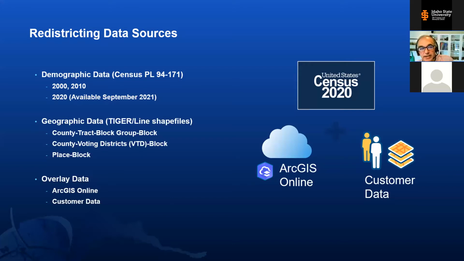I'm going to spend a second talking about customer data because this often gets involved in the politics of redistricting. The congressional requirement is that you're using the specified variables from the public law data for use in redistricting. But politicians often want to know things like voter history data. That's really important to them. They really want to know how people vote in a particular precinct, and that influences greatly how they want to draw their boundaries.